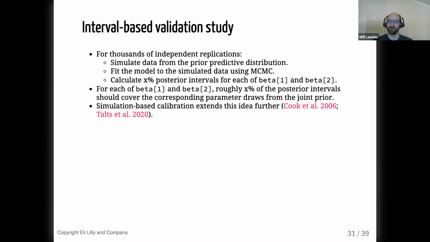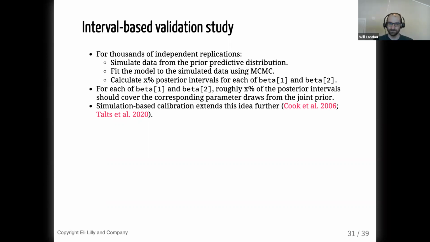How this pipeline is going to work is we're going to simulate thousands of independent replications of data, draws from the model's prior predictive distribution. And for each simulated data set, we're going to analyze the model with Markov chain Monte Carlo. And then we're going to calculate posterior intervals for each of our parameters from each of those analyses.